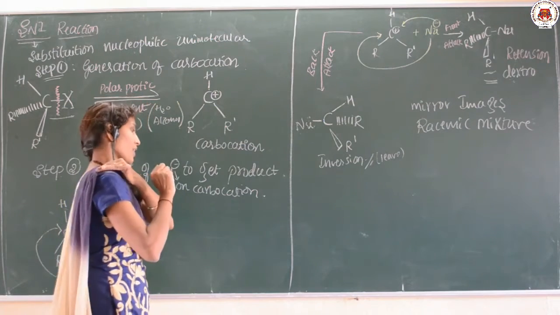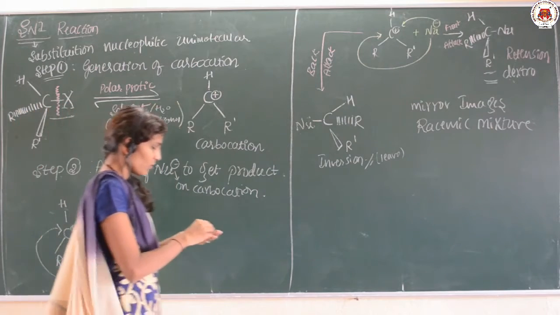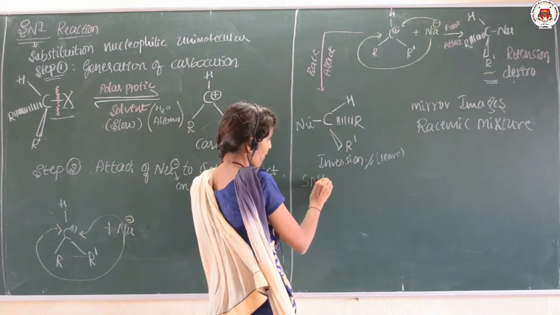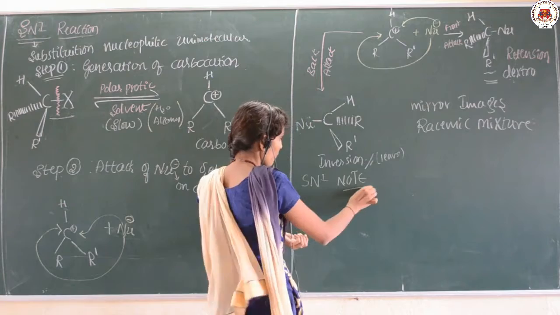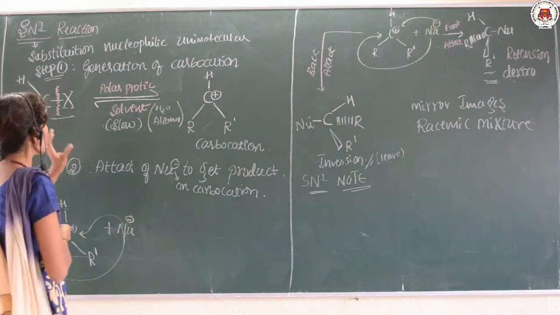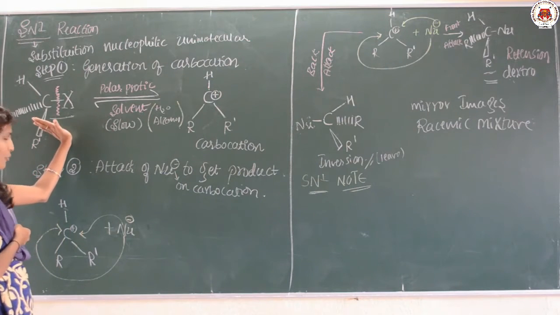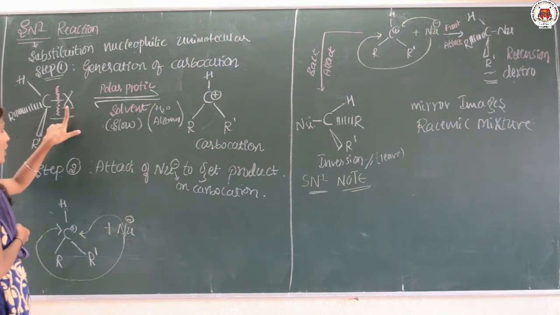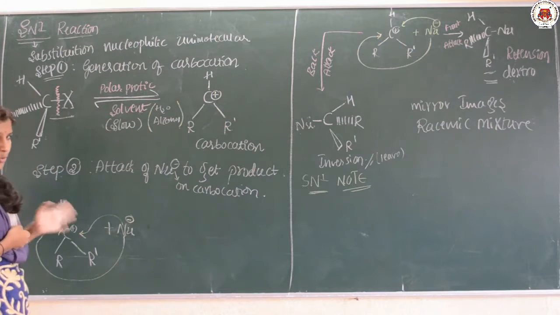See here, I am repeatedly telling you, we are talking about the SN1 reaction. In the SN1 reaction, some note points I will write here. We take the substrate or reactant as a haloalkane, where one carbon is attached to X and H, and R and R dash are the other two groups.